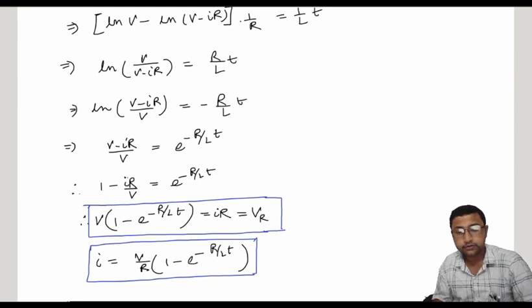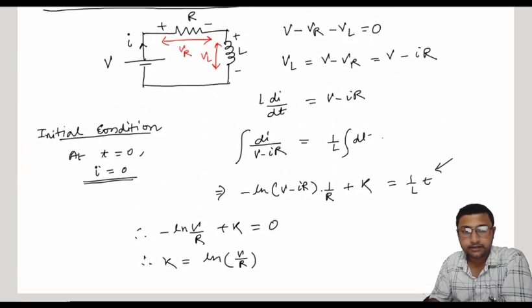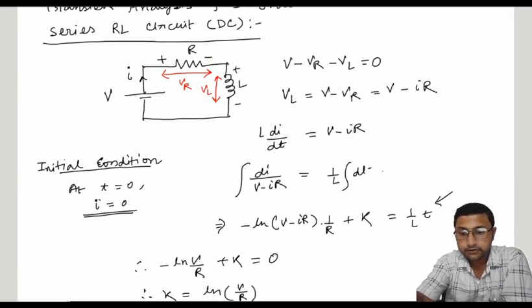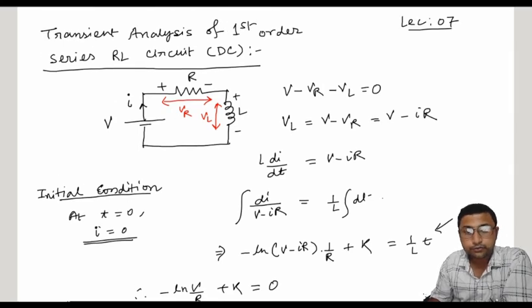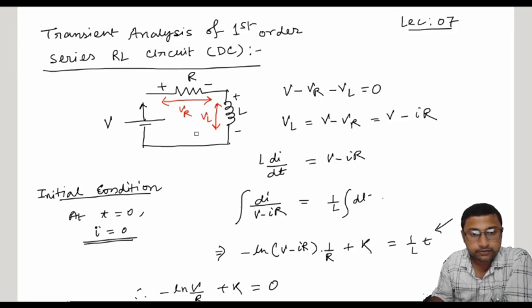When we switch on the supply at t equal to 0, actually there is a small mistake. If we consider the switching on time, the circuit will be like this.